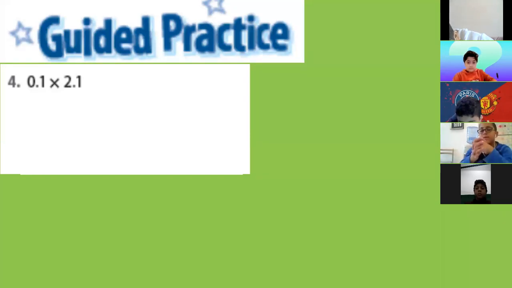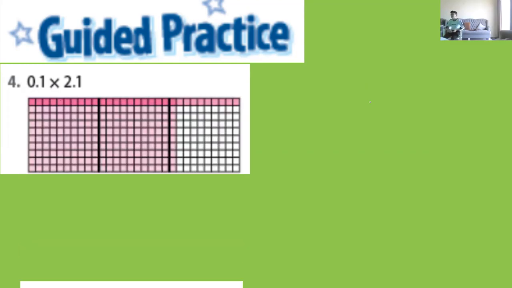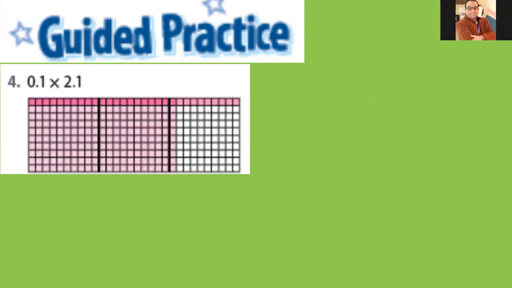Okay, Hamza Tantawi. Question number 4, shade and find. You will shade first or find first? I will shade first. To shade, you need three grids of hundreds because we have 2 here.